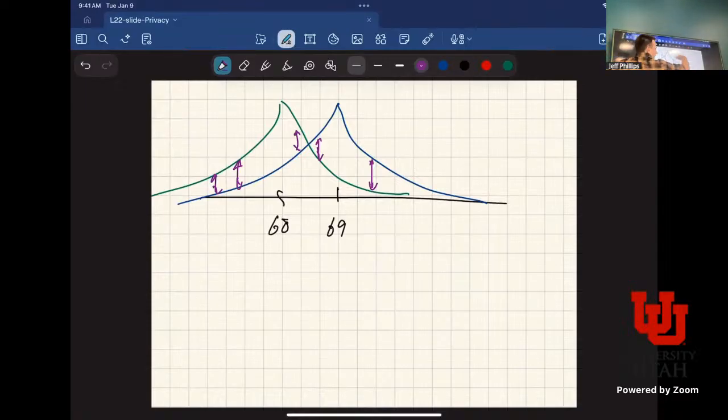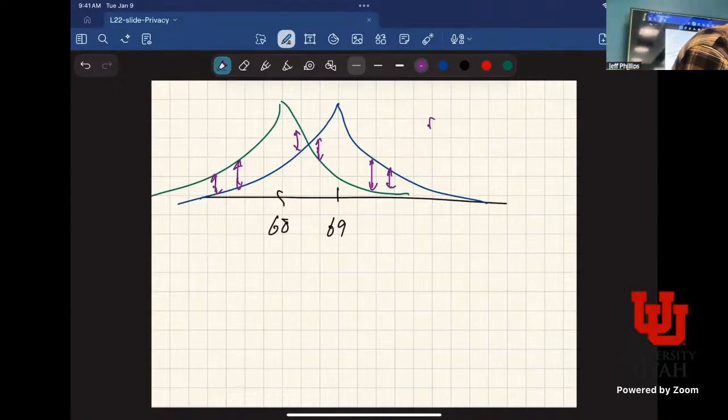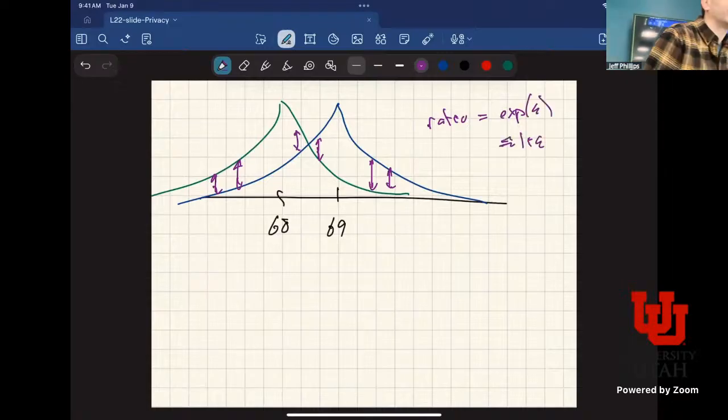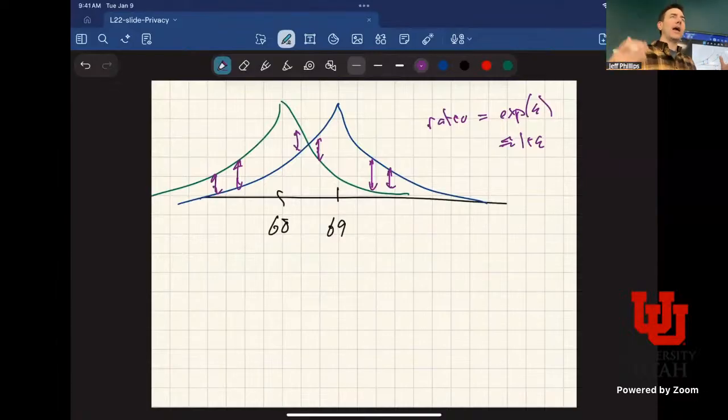They go exponentially down to 0, but the ratio of them, one divided by the other, is always going to be exp of epsilon, approximately 1 plus epsilon. So if I add Laplacian noise to it, every time I'm asked a question, I get this epsilon differential privacy on this value.